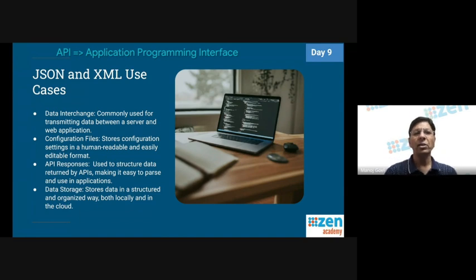So when your front end application, where you enter your username and password and say submit or login, your details are sent via an API to the server side application. The server side application checks if the details received are correct, if there is a user existing, if the password is correct, and if the user has access to Gmail. Then it will authorize you and send a response back to the client, saying yes, he is a valid user and here is the inbox.